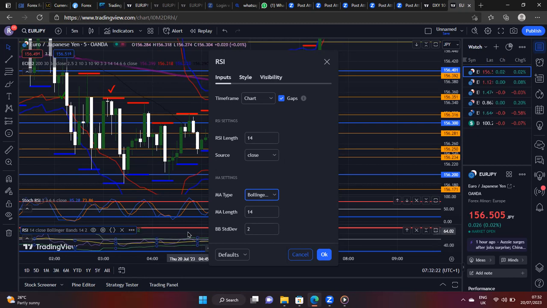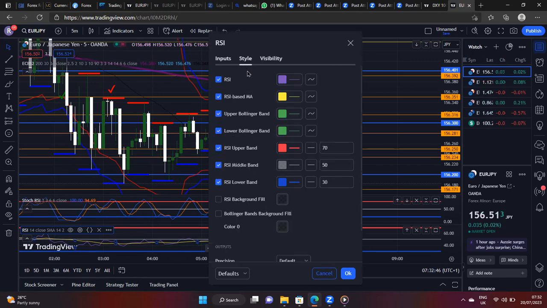You have Bollinger Band here, another chart up, and this is not clear for me. It's not direct. So you want to have it set at SMA, just that. Okay. The source has always been close. Remember, source is close from your stochastic RSI, so leave source close on RSI too. Style, I mentioned style on stochastic RSI.